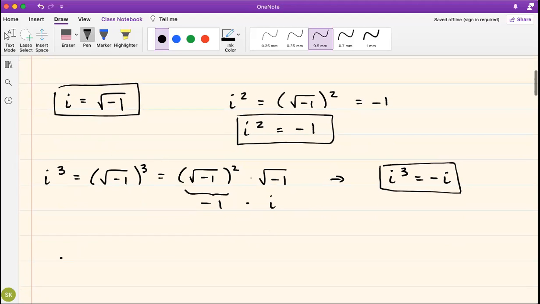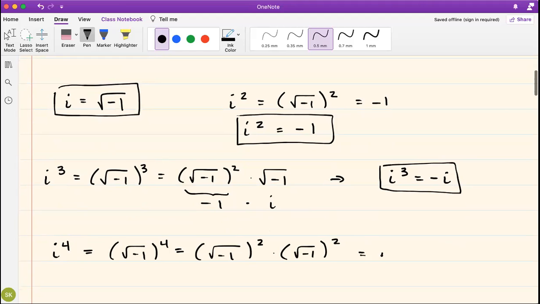Another interesting fact about imaginary numbers is if you raise the number i to the fourth, this is the square root of -1 to the fourth, which is the square root of -1 squared times the square root of -1 squared. This is i squared times i squared, and i squared is -1.